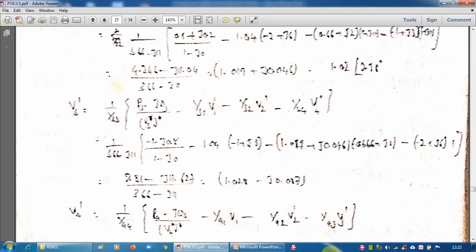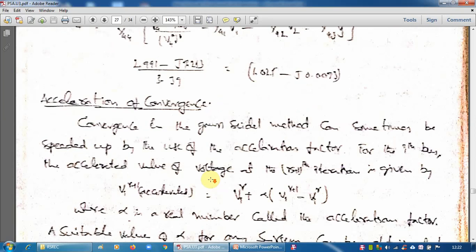Like that, we are substituting the just now calculated values in the calculation of the next voltages. In substituting values like this, we can slightly change those values and then substitute. That means we can accelerate these values and then substitute.